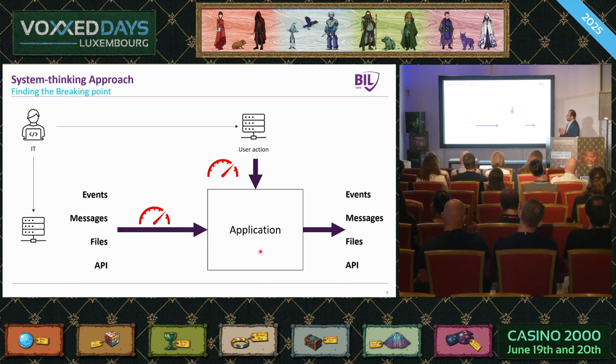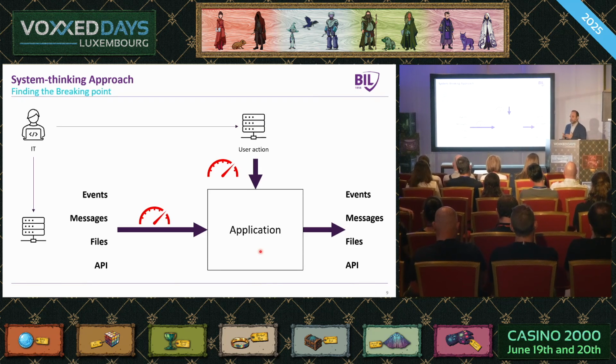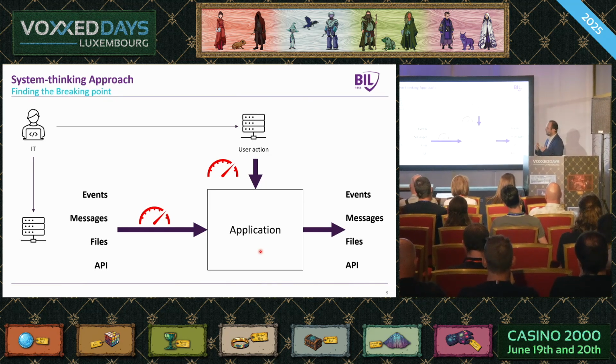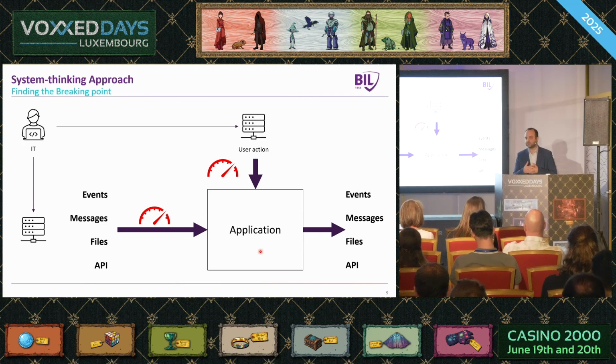So for me, what you should find is the breaking point: if you put in events or messages or files, you should find at which point the application will crash. Because of that, you will know the breaking point, and then you can define the limit of the application.